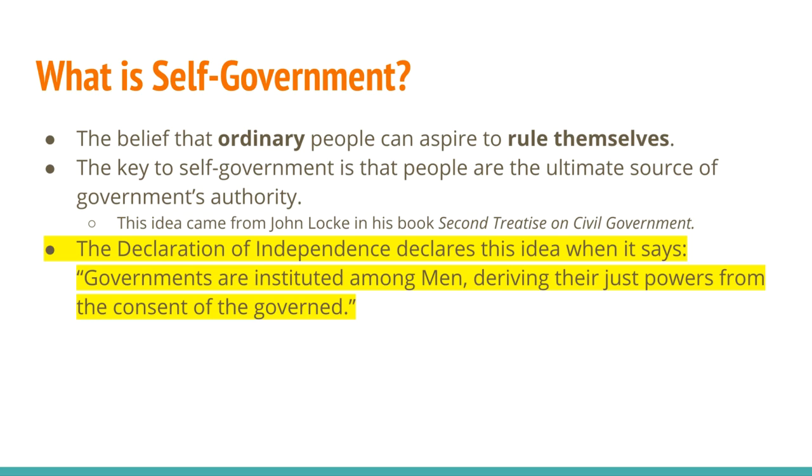So, of course, consent here means they agreed. So we can read this as, governments are made for men, right, for people, but they get their power because the governed, the people who are governed, consented to that. Okay, so make sure you understand what that phrase means. And we'll return to that later on when we talk about the Declaration of Independence.